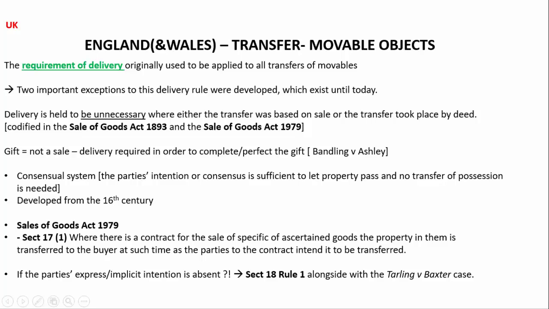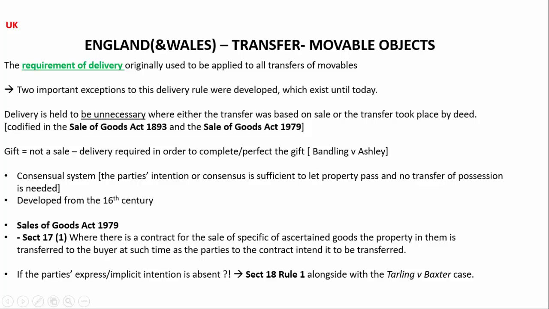However, 2 important exceptions to this were developed, which exist and apply until this day. Delivery will be held to be unnecessary where either the transfer is based on sale or the transfer takes place by deed. So for example, a gift, which is not a sale, requires delivery in order to complete or perfect the gift, following up from the Bundling versus Ashley case.